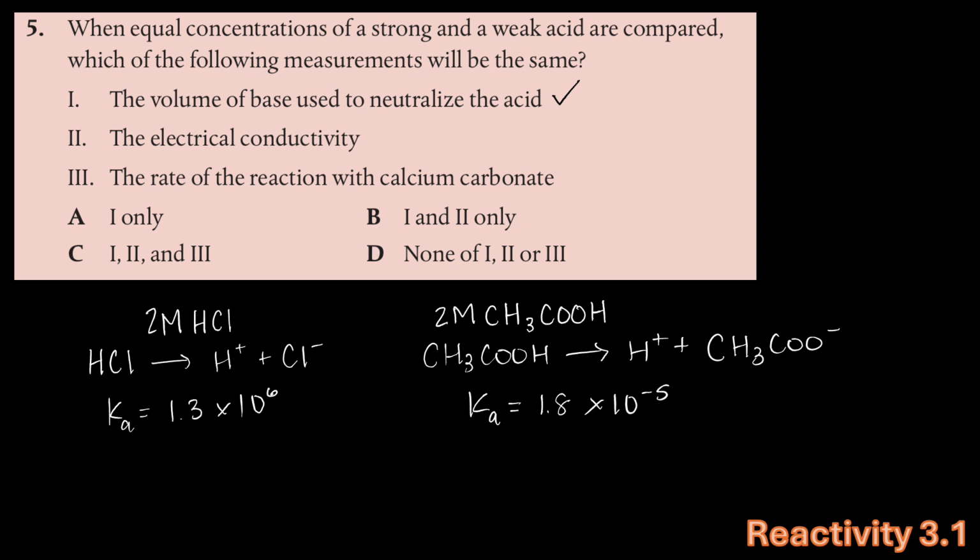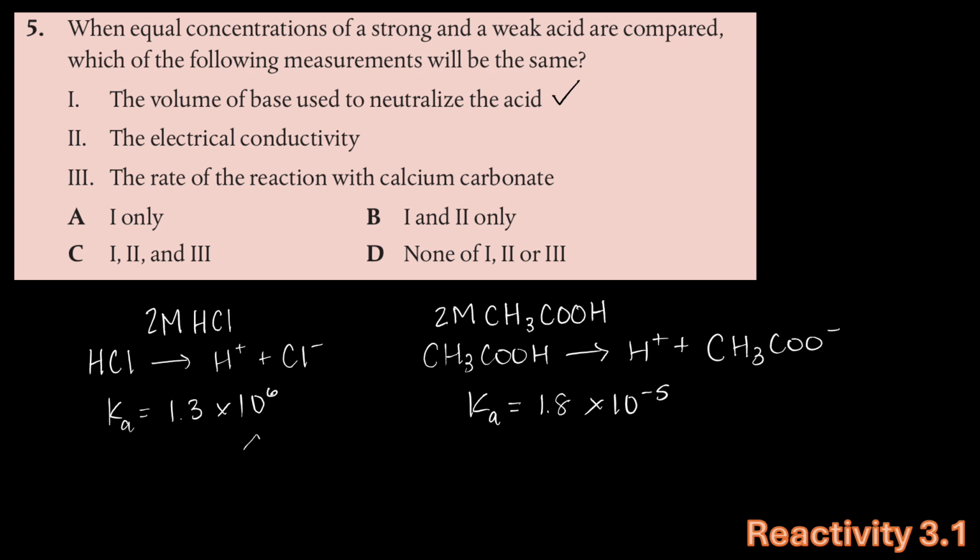Now go back a little bit to what that actually means. Remember, a K of greater than 1 means it's very product favored, right? We're making all products. A Ka of less than 1 means that we're going to be on the reactant side. We're not making all products. We actually have more reactants at equilibrium than we do products.